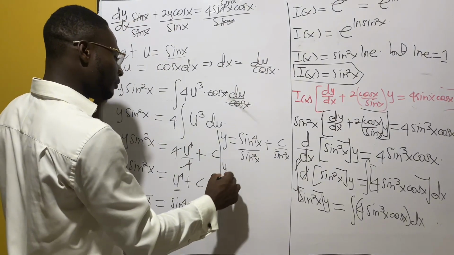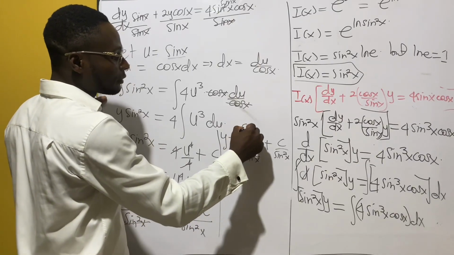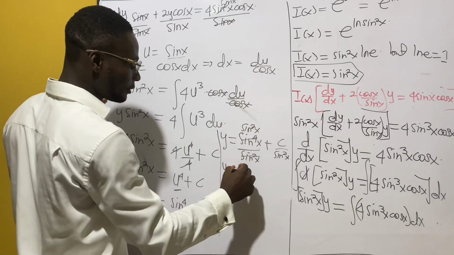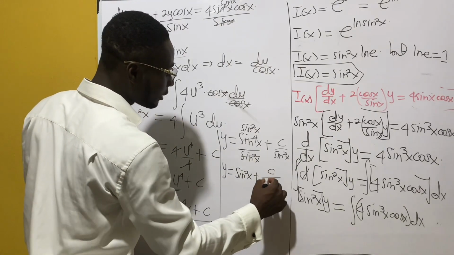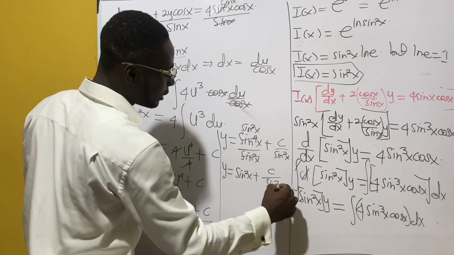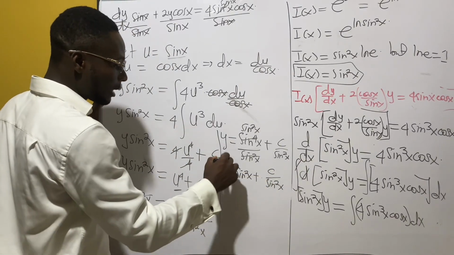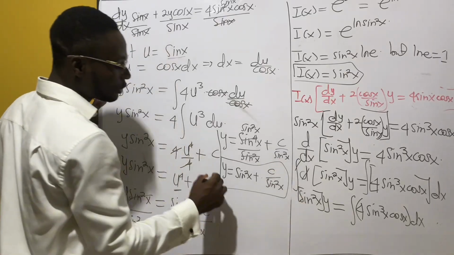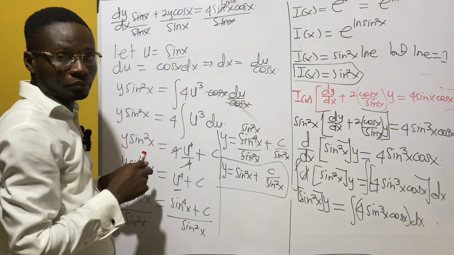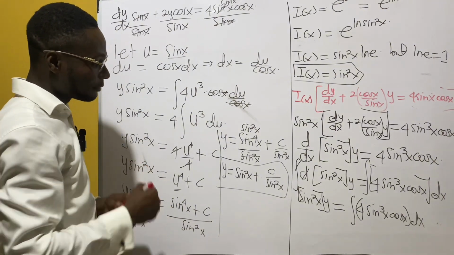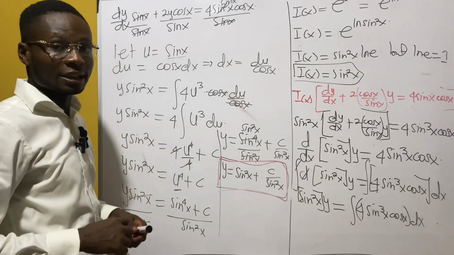This will take two of this, so we have sine squared x right here plus c over sine squared x, right? So this becomes our general solution for this particular problem, the general solution for the problem given.